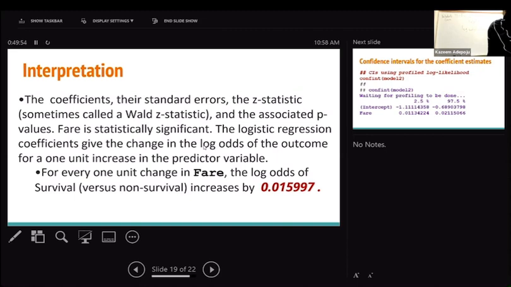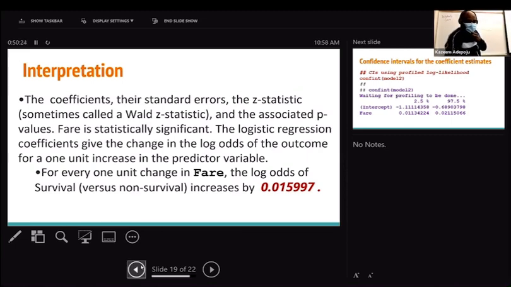Take a look at that: the log odds of the outcome for a 1 unit increase in the predictor variable. For instance, if I want to interpret the fare, I'm going to say for every unit increase in the amount paid by the passenger on fare, the log odds of survivor versus non-survivor increases by that.